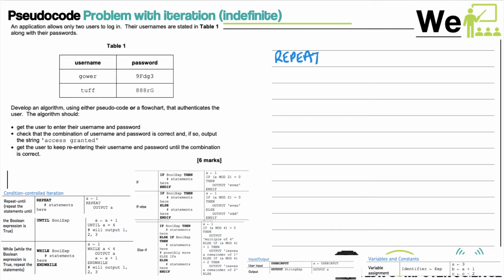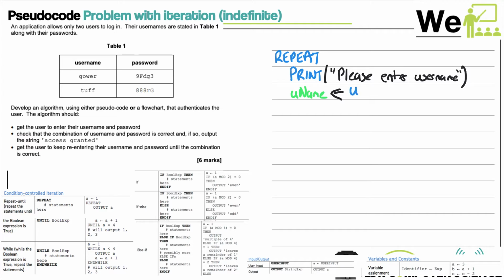Well, I need to ask the person to enter the username. So print. So this is a message for the end user. Please enter your username. And then we're going to store their uname, assign. And do you remember the function to get the input from the user? That's right.